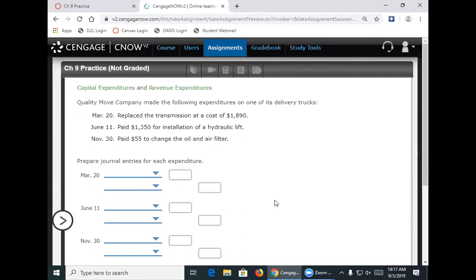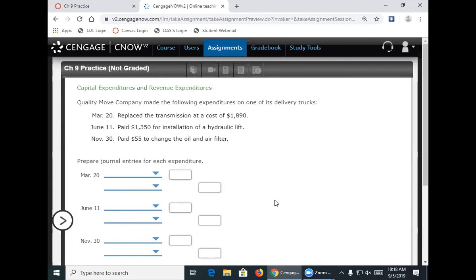So it could be that we have a truck and we're doing an oil change, or something broke on the truck and we need to replace it, or we could be overhauling something and improving it. What we need to think about with costs associated with these depreciating assets is: is it changing the useful life of the asset? Is it increasing the monetary value?